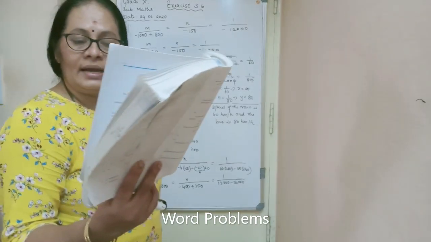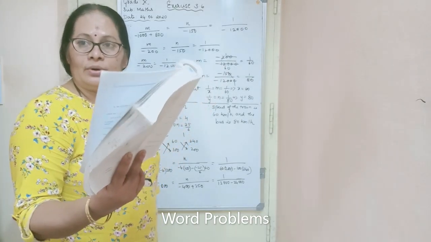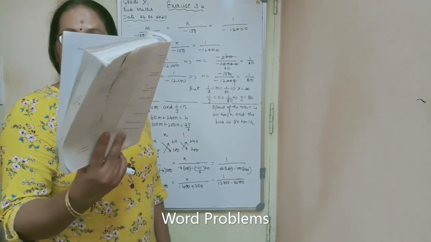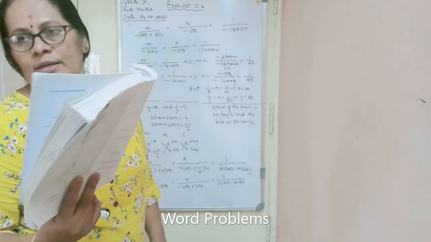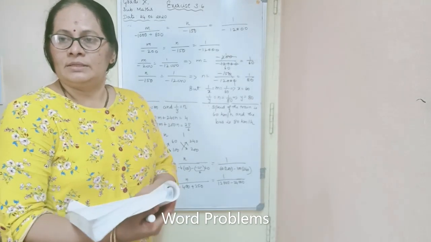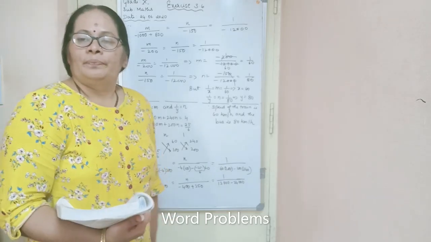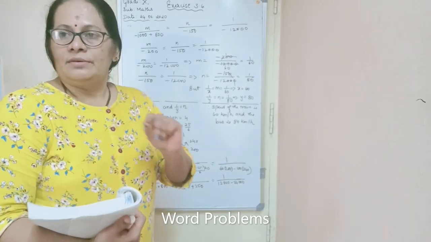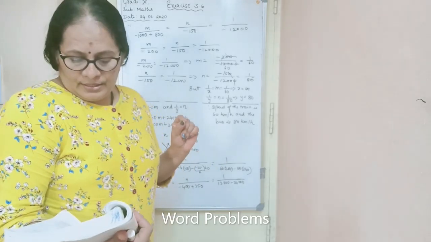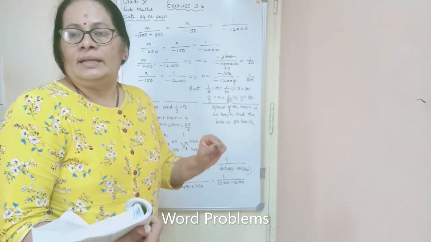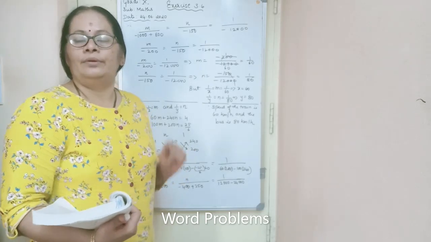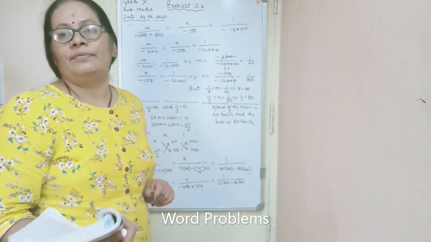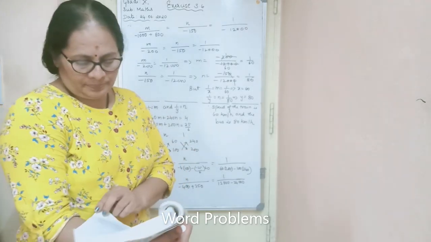That is 100 by x plus 200 by y equals 4 hours plus 10 minutes. Convert this 10 minutes to hours: 60 minutes equals 1 hour, so 10 minutes is 10 by 60, that is 1 by 6 hours. So 4 plus 1 by 6 hours, that is 25 by 6 hours.